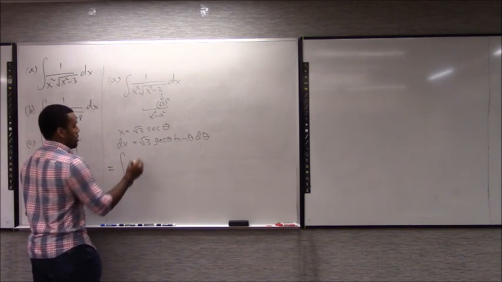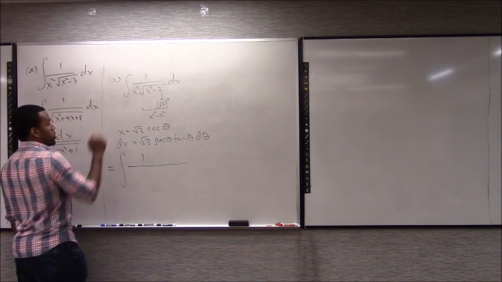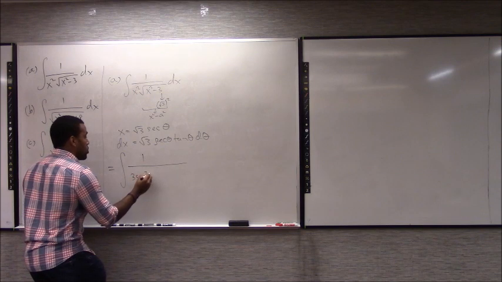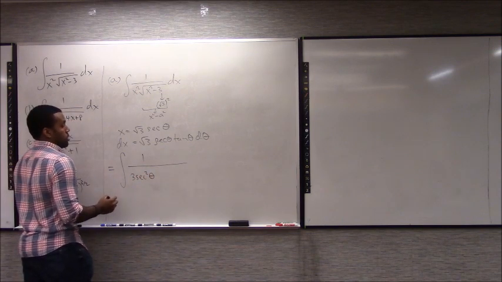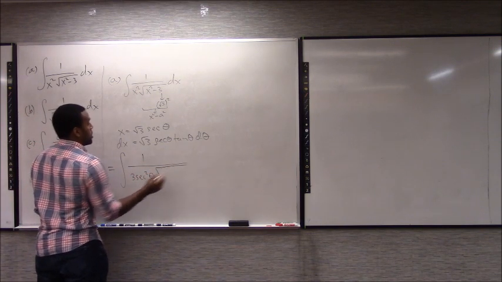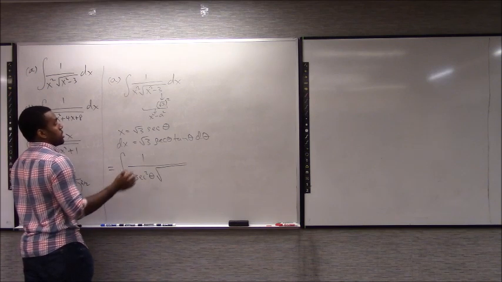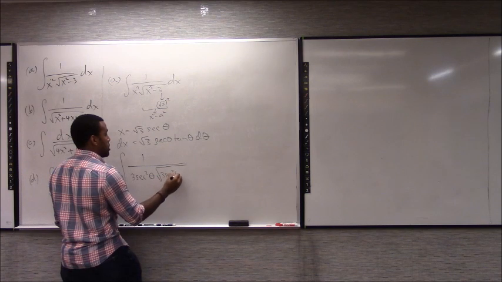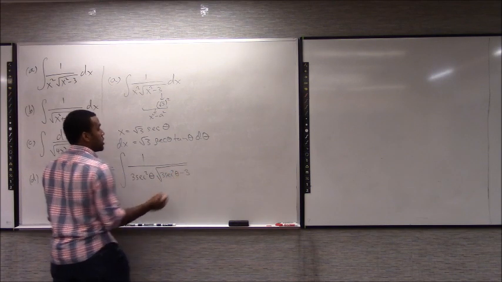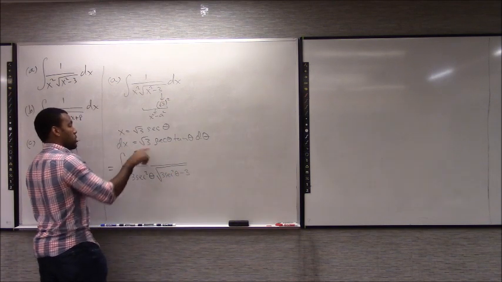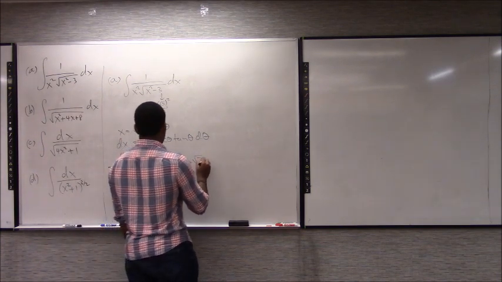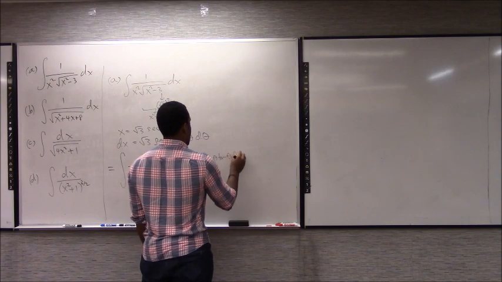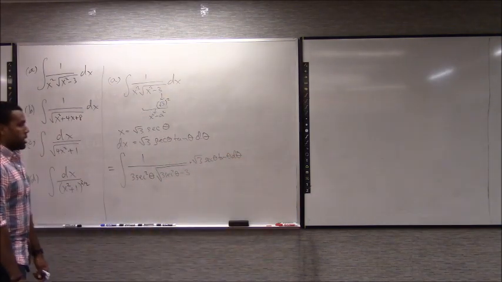We have 1 over x squared, but x is this guy, so this is 3 secant squared theta, times the square root of 3 secant squared theta minus 3, and for our dx, radical 3 secant theta tangent theta d theta.